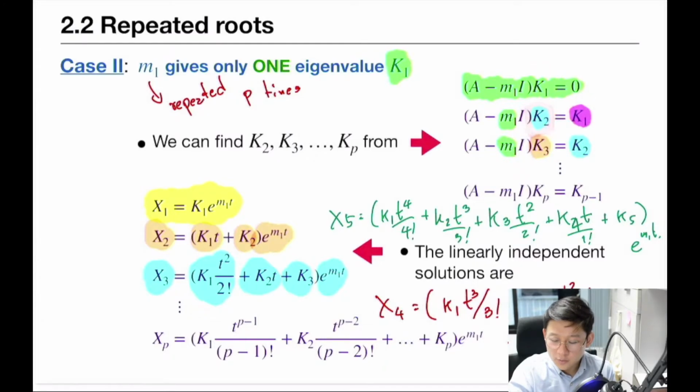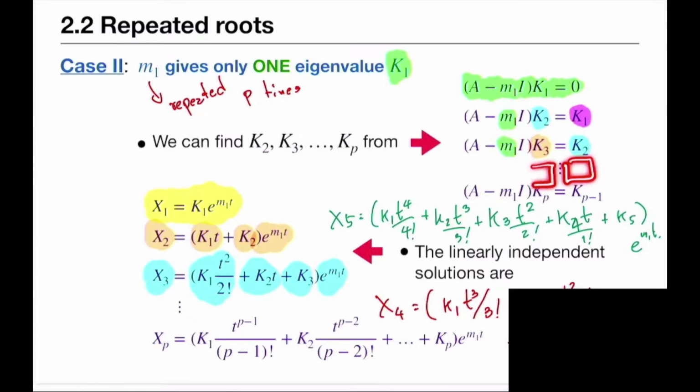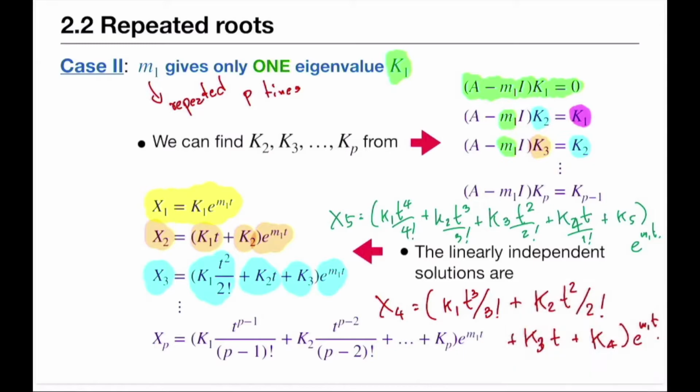Then you take k2 to the right hand side, you can find k3, and then you take k3 to the right hand side, you can find k4, and so on, until kp. If m is repeated p times, you need to get x1, x2 until xp. This is what you need to have.